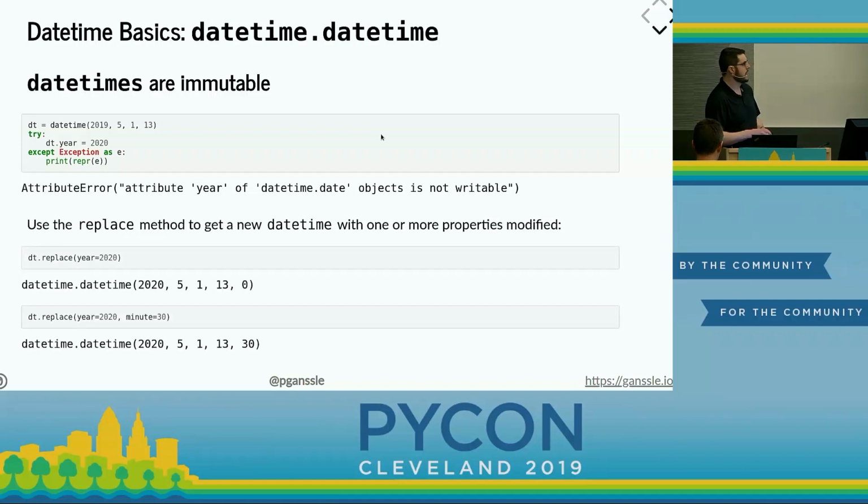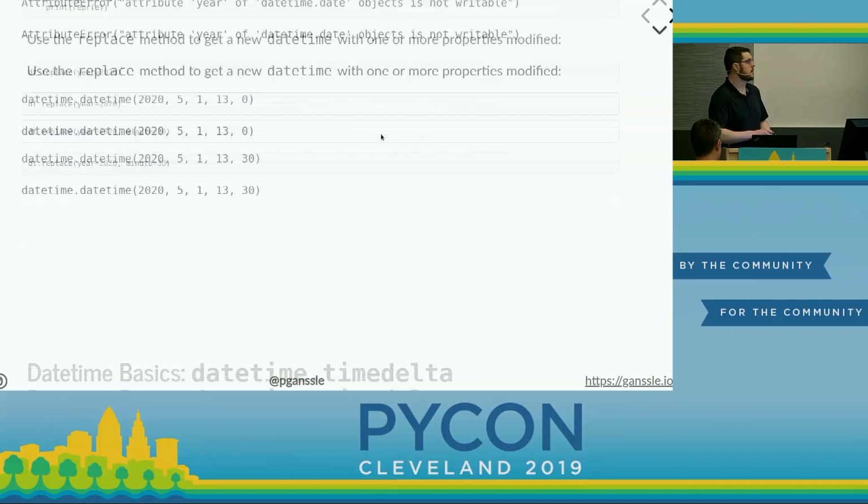But it also means that if you want basically the same datetime with something changed, you need to construct a new datetime. There's a convenience method for that called replace. You can pass it any number of the keyword arguments that would be passed to the constructor, and that's essentially saying, give me the constructor for this datetime, but with some of the arguments replaced with this. And this will construct a brand new datetime.